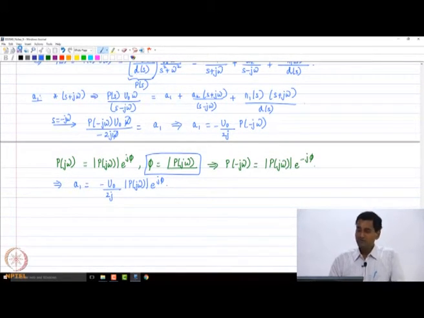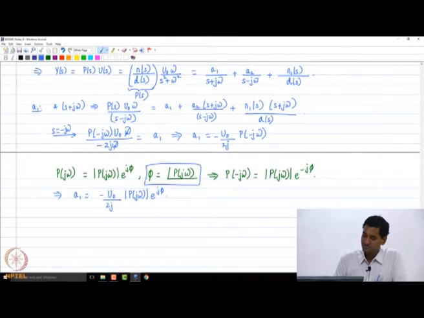Now, similarly, let us figure out A2. If I want the expression for A2, what do I do? I multiply both sides by s minus j omega, right.